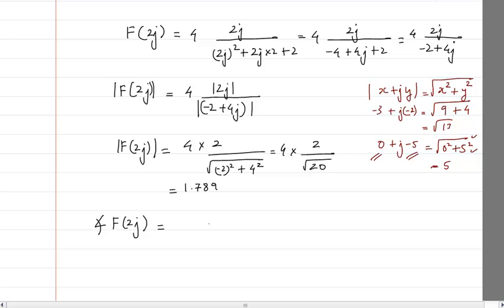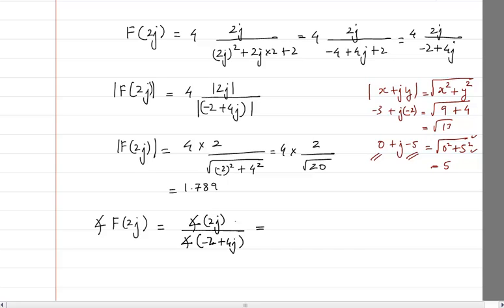Whereas for 2j, I will write angle of 2j divided by the angle of minus 2 plus 4j. So all you have to do is the rectangular to polar conversion.